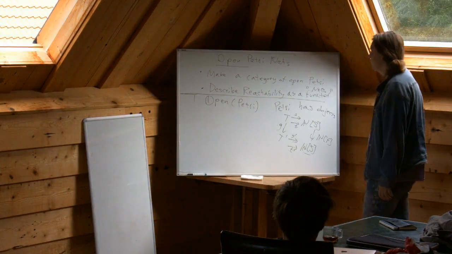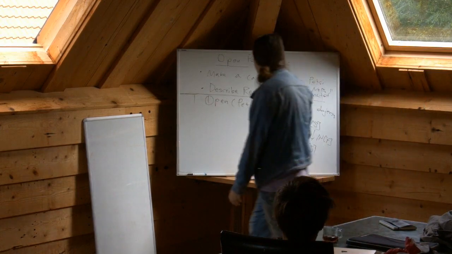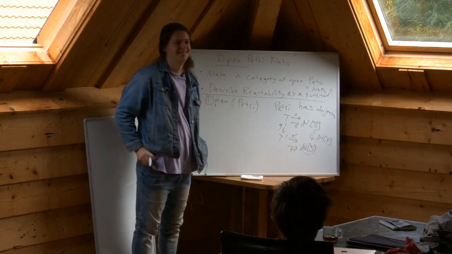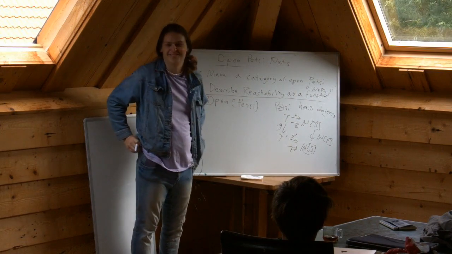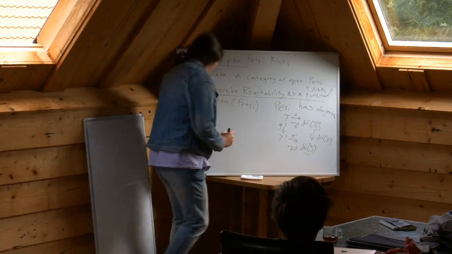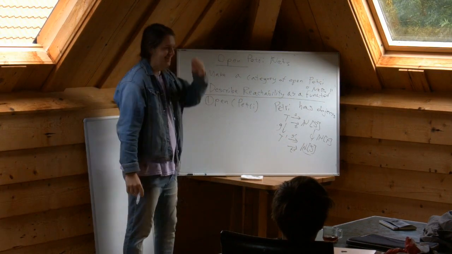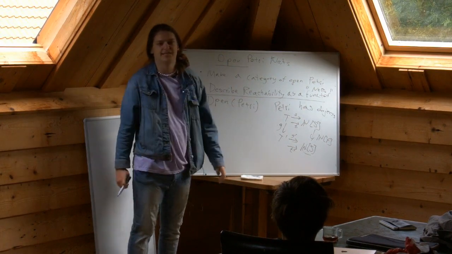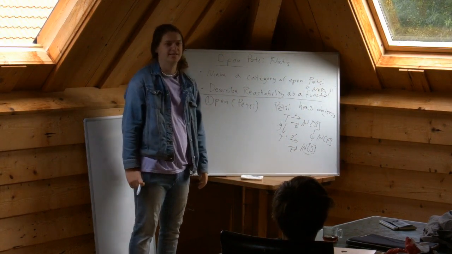All right, so then Open of Petri. I'm not going to tell you what a double category is. If you don't know what it is, you'll have to guess from what this category is. But if you want a quick explanation, it's a category internal to categories.